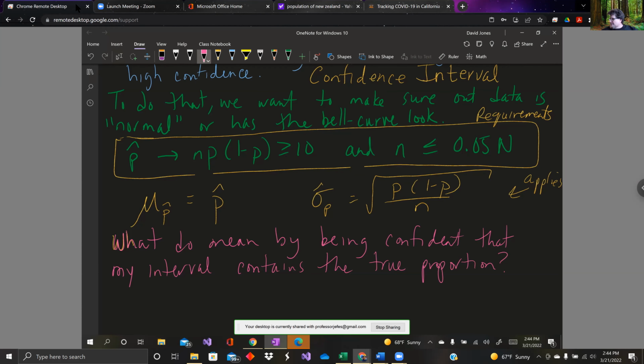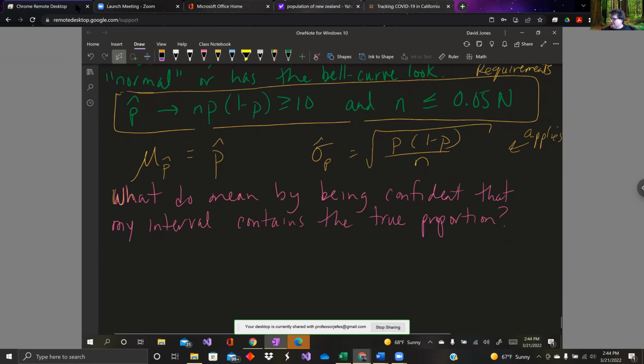I'm going to show you a simulation in StatCrunch. We're going to use applets and then confidence interval, and I'm going to show you and explain what it means.